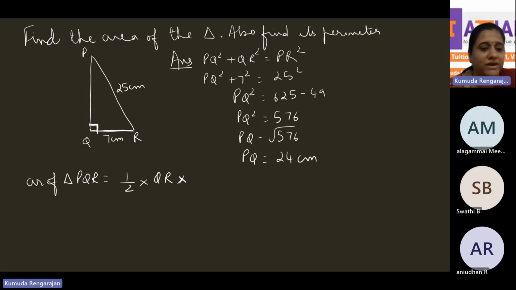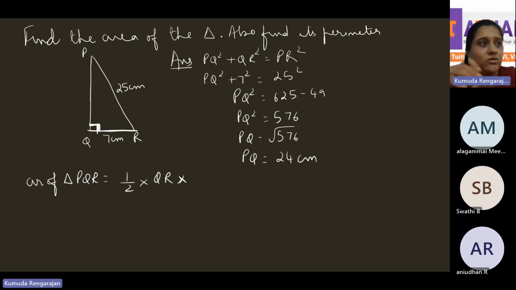See here, if you take QR as the base, PQ is the altitude. The side itself is the altitude, because can you see the 90 degrees? The altitude is not a new line segment. The side PQ itself is the altitude for the base QR, and similarly, for the base PQ, the side QR itself is the altitude.